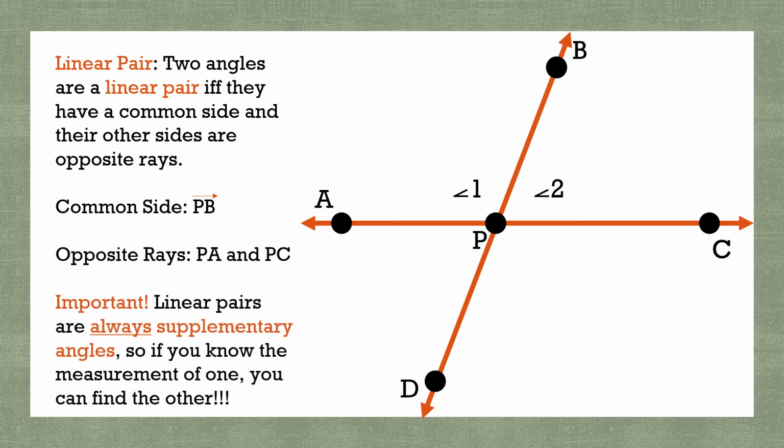This is important. Linear pairs, such as angle 1 and angle 2, are always supplementary angles. So if you know the measurement of one, you can find the measurement of the other. That is a crucial piece of information as we move forward, and you might have already known that.